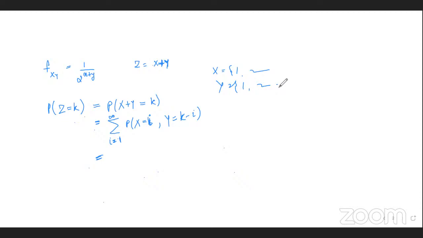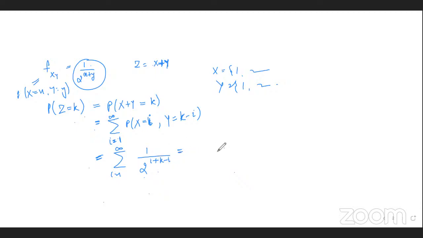So the joint distribution of this is given to be, this is what? This is just P of x equals x comma y equals y, right? So we can write it in this form. So we can write it as 1 upon 2 to the power x plus y. So in this case, our x plus y is i plus k minus i, and i is varying from 1 to infinity.